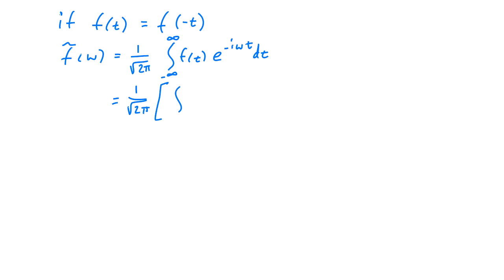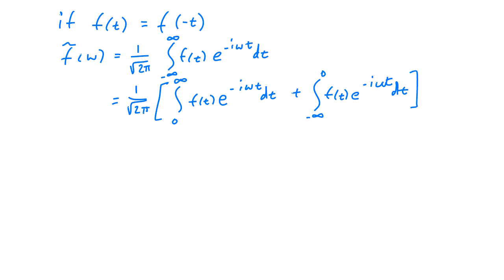I can think of this as the integral from 0 to infinity of f(t) times e to the minus i omega t dt, plus the integral from minus infinity to 0 of f(t) e to the minus i omega t dt. So I just took that integral and broke it into two parts.